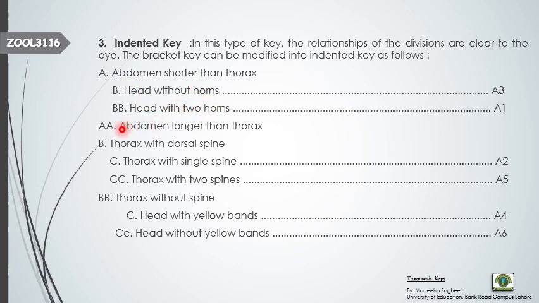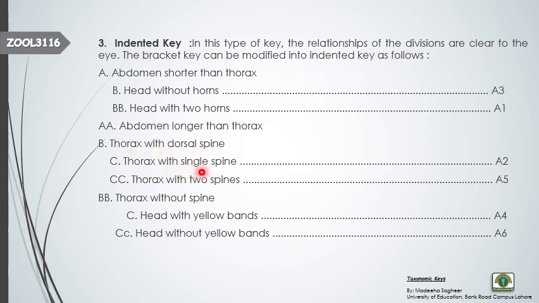So we will move to the next statement, abdomen longer than the thorax. Now here the further choices are indented, like you can see thorax with dorsal spine. If we have a specimen that has the abdomen longer than the thorax, then definitely our specimen has the dorsal spine as well. Now we go to this choice, thorax with dorsal spine.